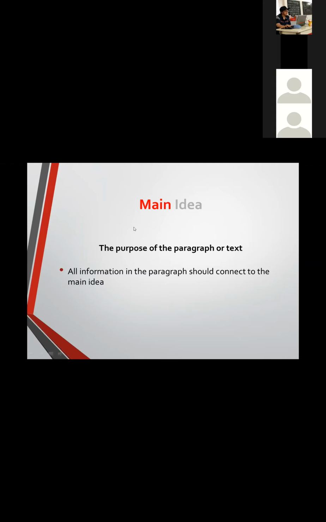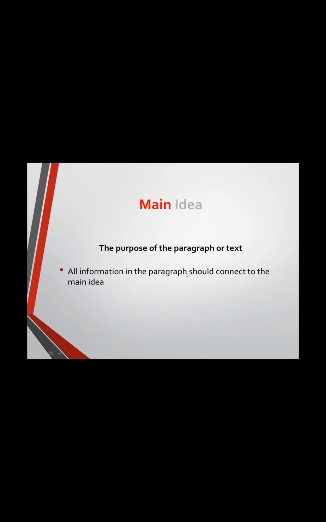They all revolve around the main idea. As you can see here, all the information in the paragraph should connect to the main idea. There's one main idea, and all the information that is written there must connect to that main idea. Okay? Yes.